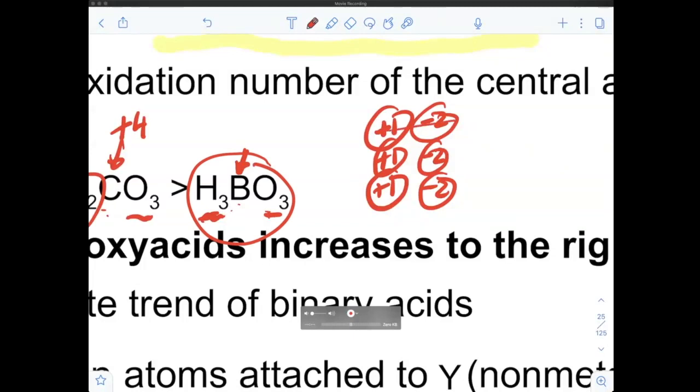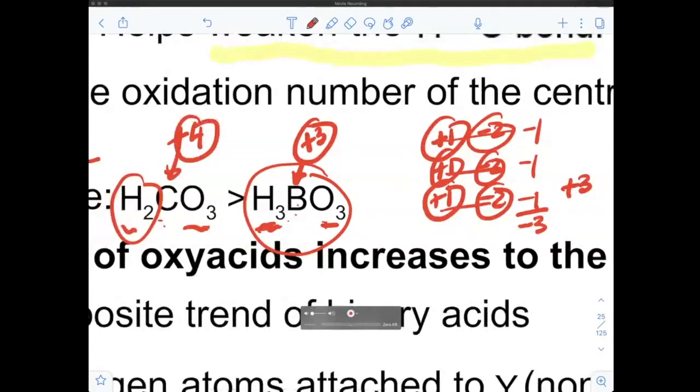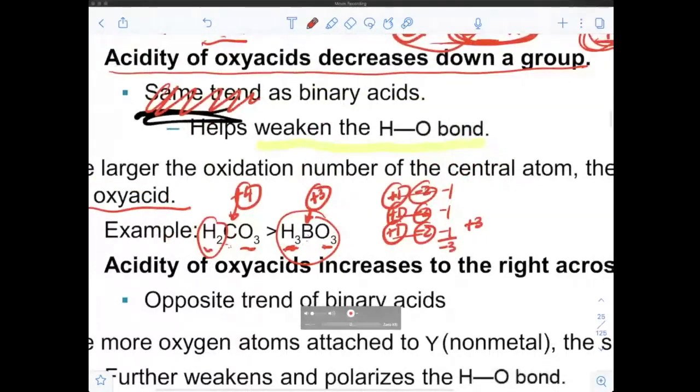You end up with minus 1, minus 1, minus 1. When you look at the remaining charges being minus 3, boron has to be plus 3 to create a neutral compound. Based on that, boron is plus 3, carbon is plus 4. The one that has a higher oxidation number creates a more acidic compound.